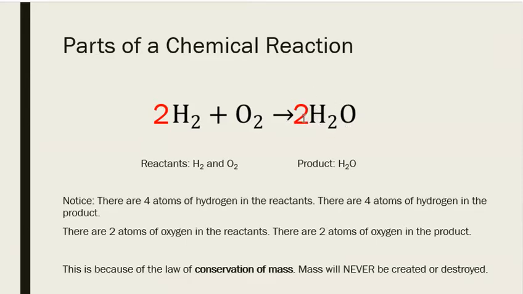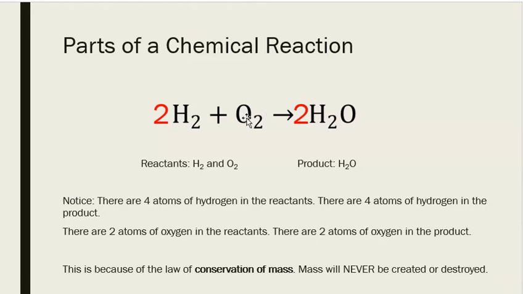These big 2's, the coefficients, mean that we have 2 molecules of H2O. In one molecule of H2O, there are 2 hydrogens and 1 oxygen. But during the course of this reaction, 2 molecules of H2O will be formed. There are now 4 atoms of hydrogen in the reactants and 4 atoms of hydrogen in the product.